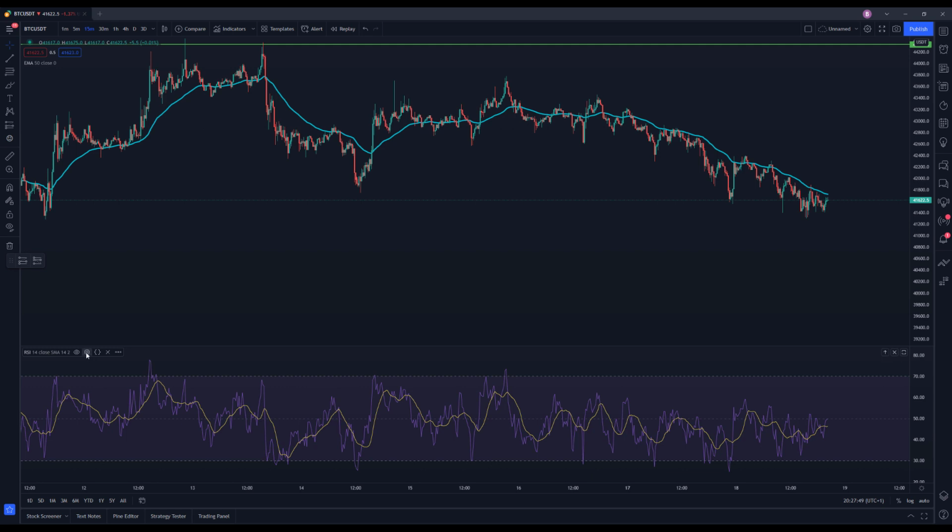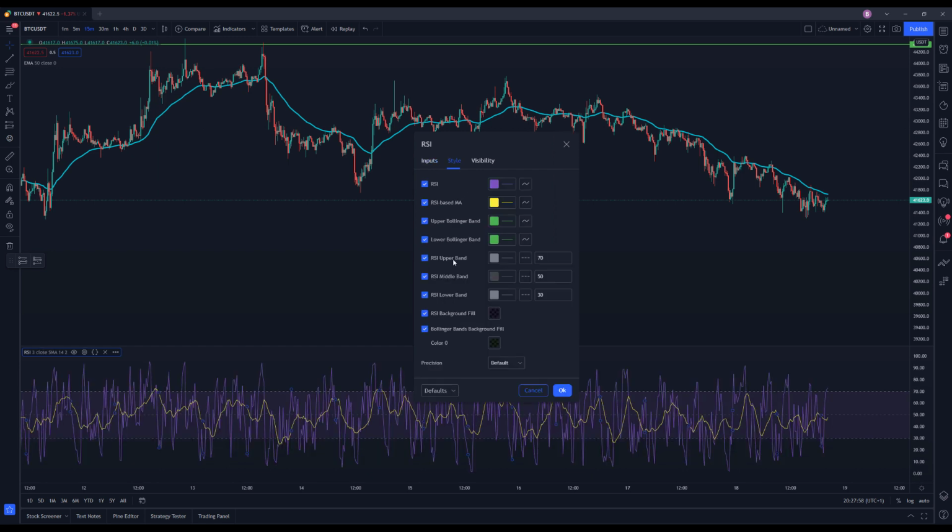But we want to change some settings of it. If you go to the input, the RSI length is going to be 3. We go back to style. We are going to turn off the moving average because we already have an EMA. The upper band of the RSI, like I said, was 70.